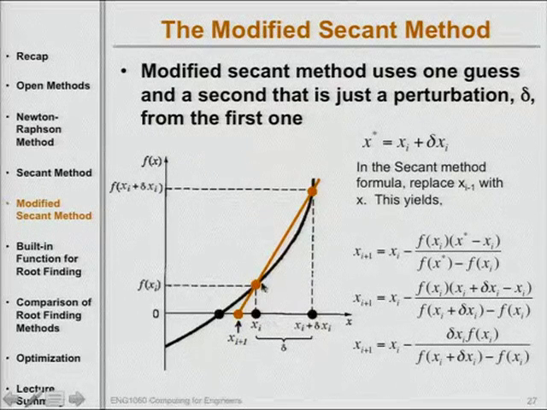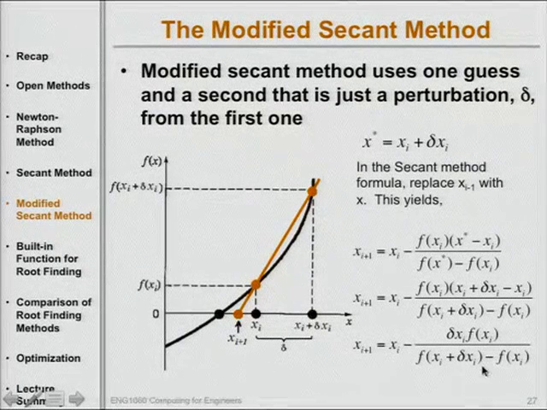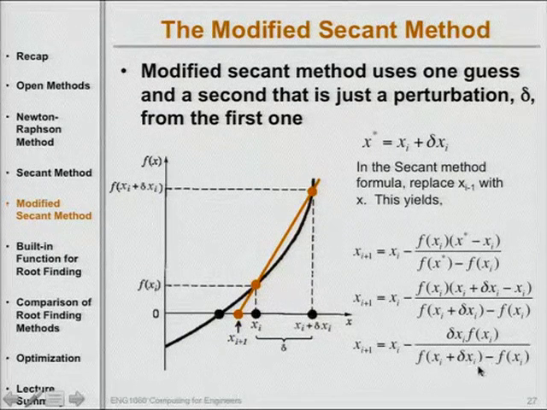Okay, so taking these 2 points, xi plus delta xi as I've written here, we do exactly the same thing that we did for the secant method. So our new value of x is equal to the old value of x minus delta times the function value of x divided by the difference in the function values.